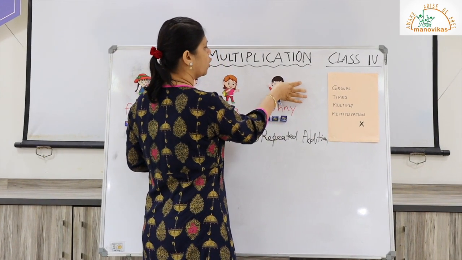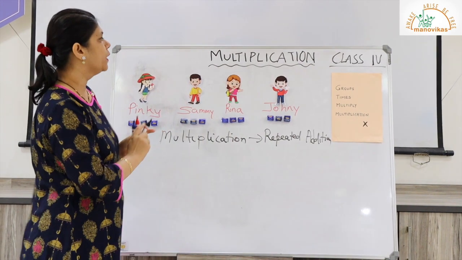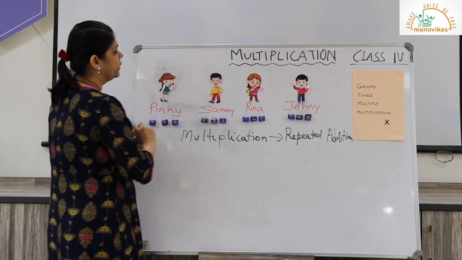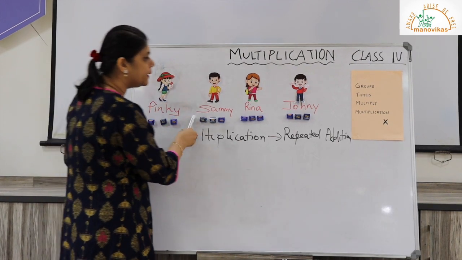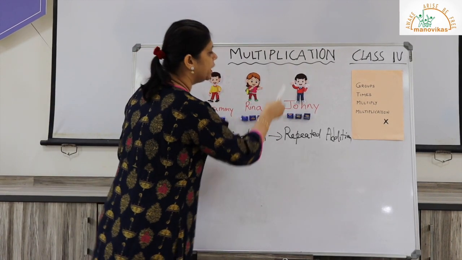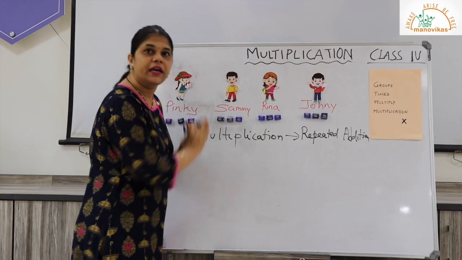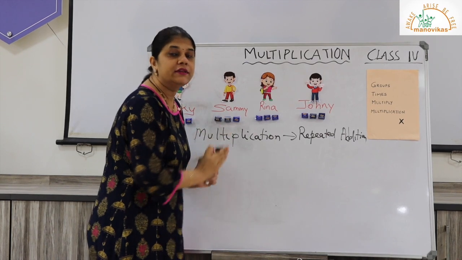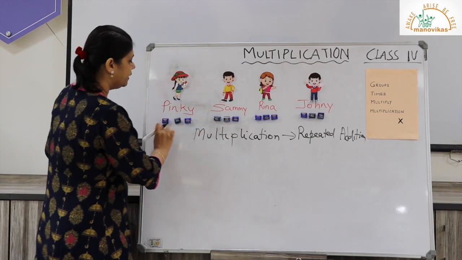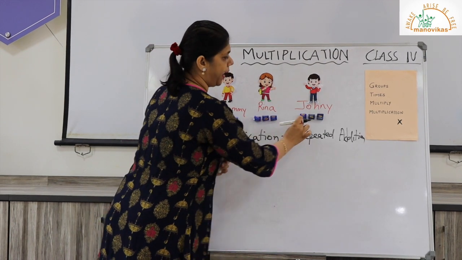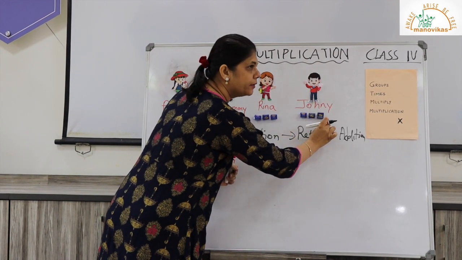So let's help Johnny. Now, for the party, there are total 4 children: Pinky, Sammy, Reena and Johnny himself. Now, Johnny wants to give each of them 3 toffees. 3 for Pinky, 3 for Sammy, 3 for Reena, and he keeps 3 for himself.